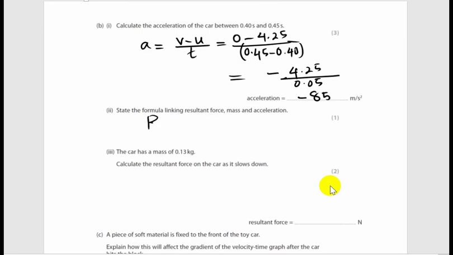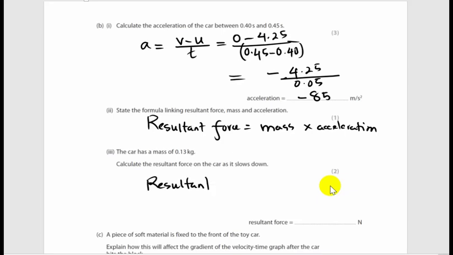Then resultant force is equal to mass into acceleration. So resultant force equals mass, here 0.13, into 85. So 0.13 into 85, so resultant force is 11.05 Newton.